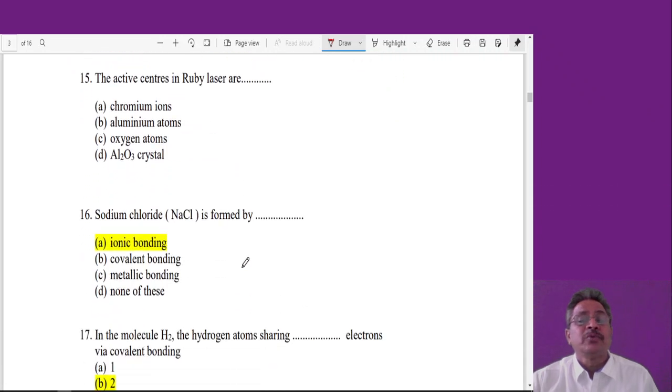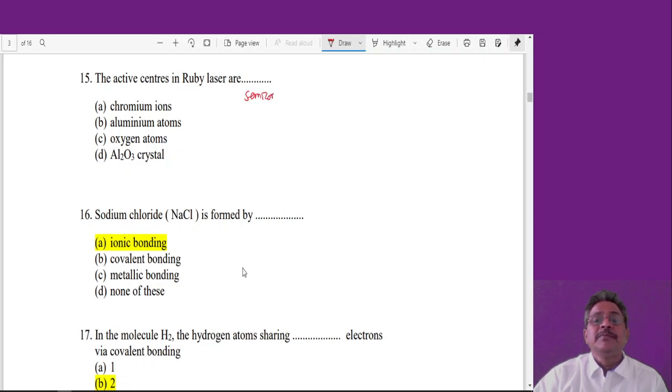Now let's come to question number 15. The active center in ruby laser. You might have seen the diagram of the ruby laser. Ruby laser is a solid state laser.